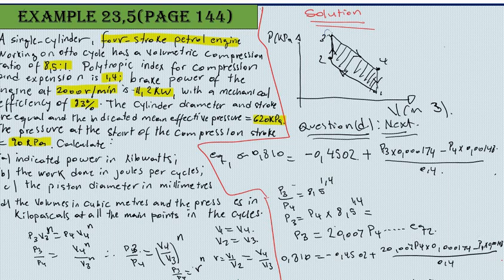So that is P4 and that is P4. So that is 0.00148.